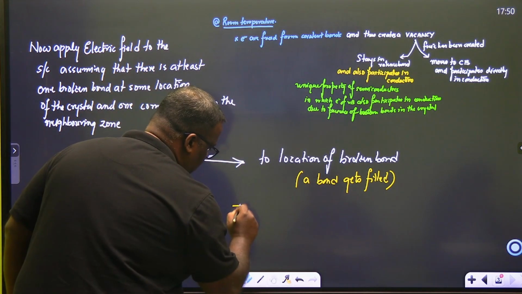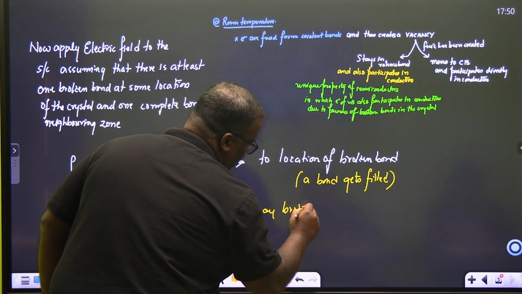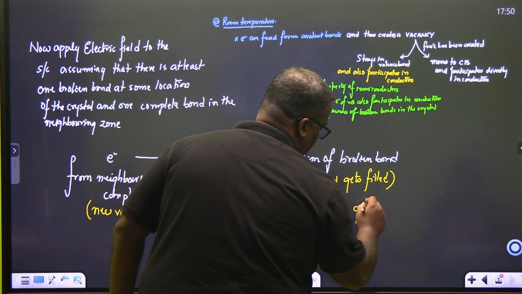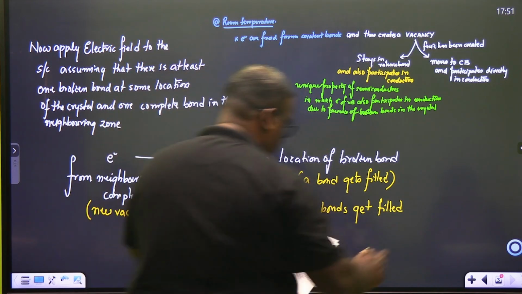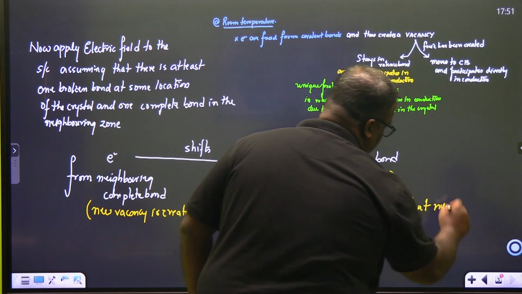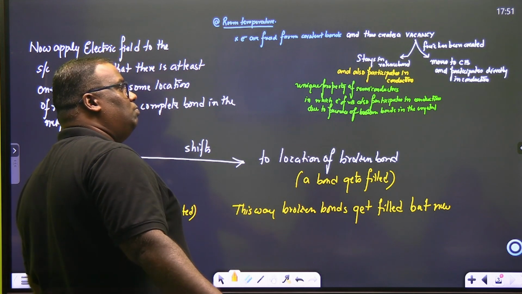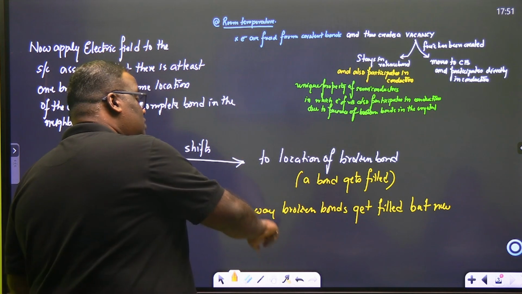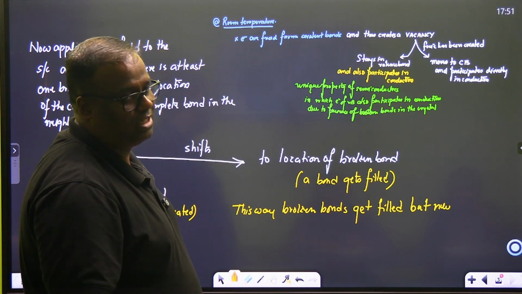And this way, broken bonds get filled, but see, there is a change in the language. I'm saying this way broken bonds get filled and new and existing bonds are broken. No, I'll not use that word. I'll say in this way broken bonds get filled and new vacancies are created.